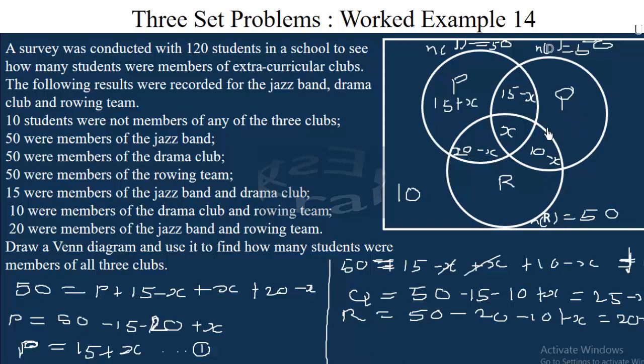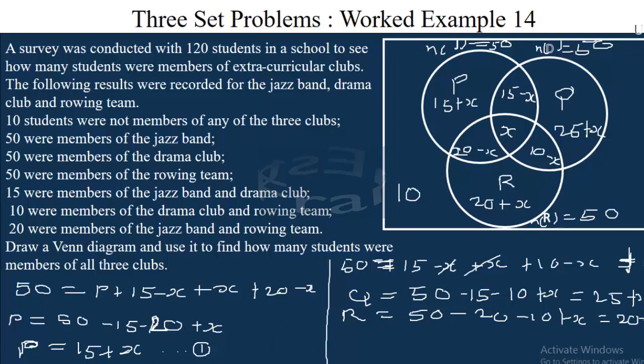So the idea is to express everything in terms of x, then add everything and equate it to the universal set. So we found R to be equal to 20 plus x, then Q to be equal to 25 plus x.